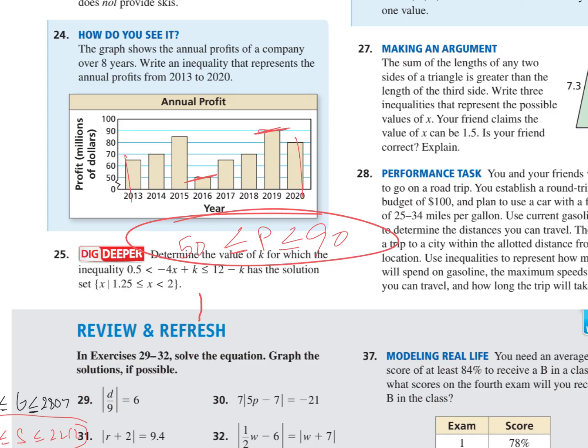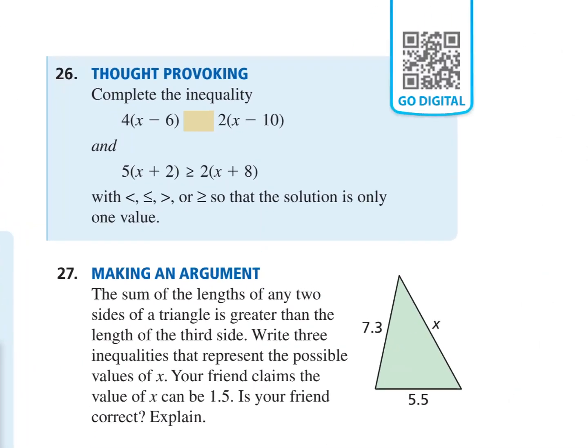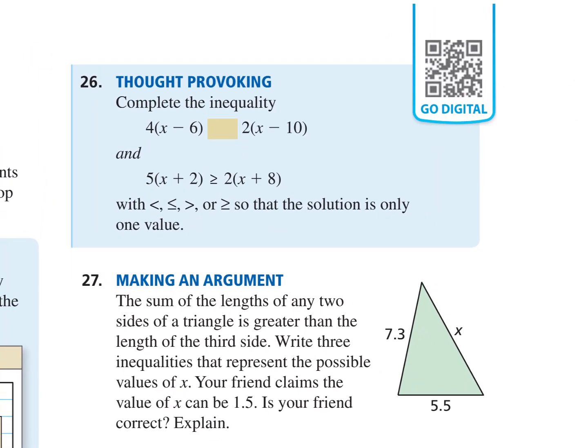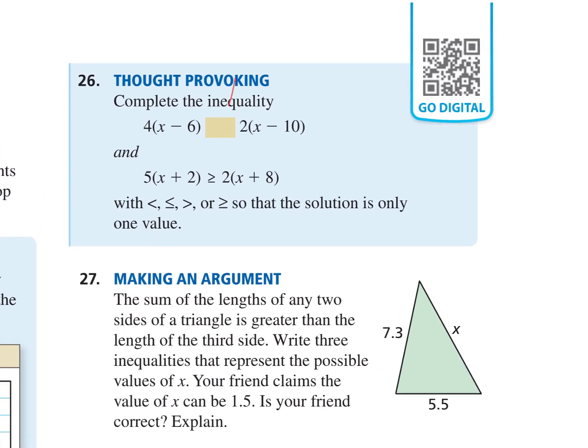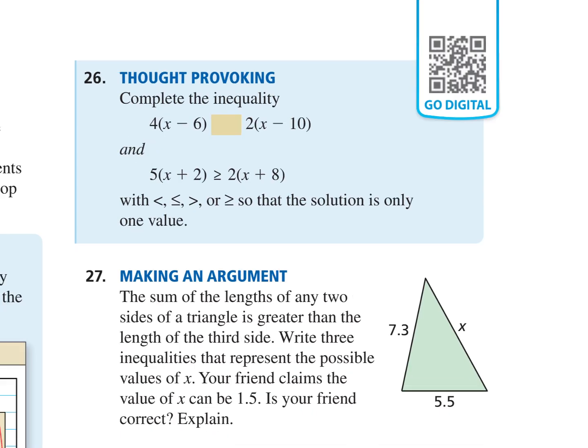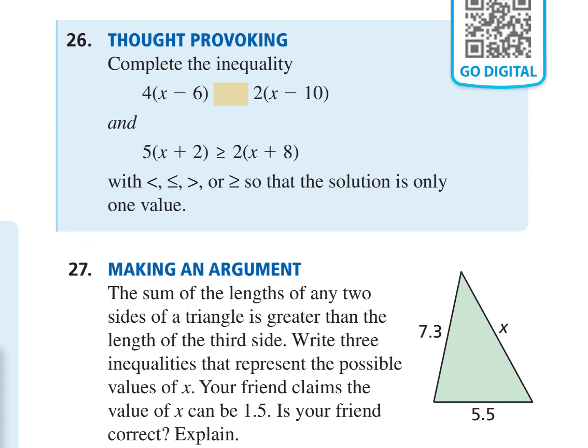And last but not least is 26. Complete the inequality. So it's this thing and this thing. And we want to write it so that the solution is only one value. My first thought is to work on this bottom one, kind of simplify it, and who knows, I might be wrong, but we're going to try it out.